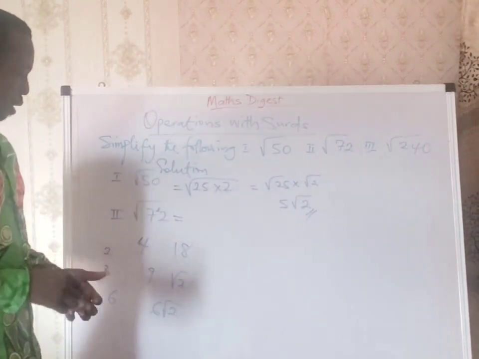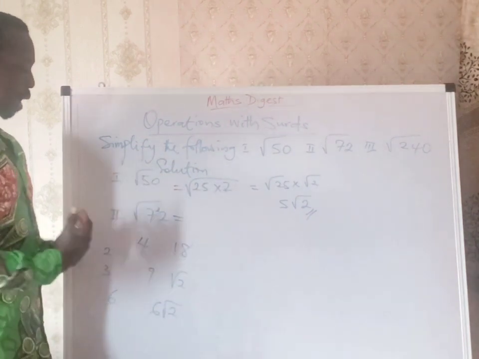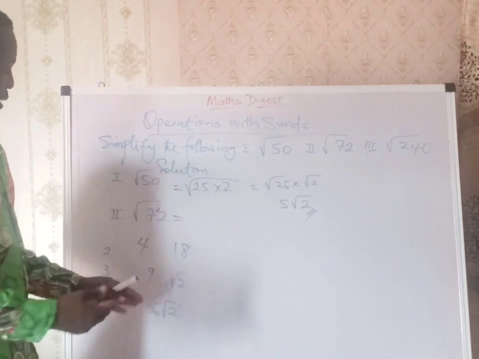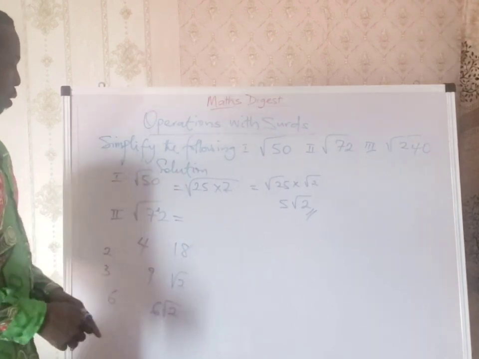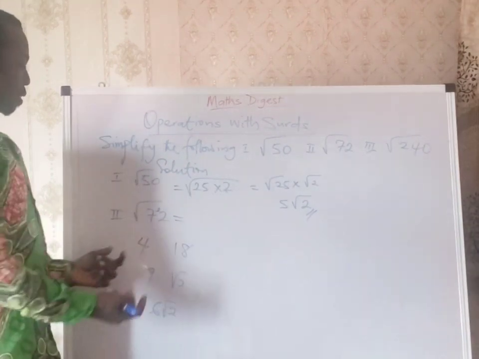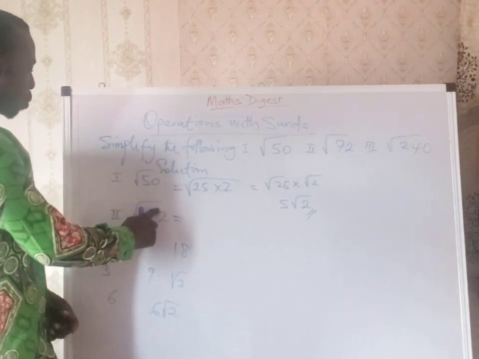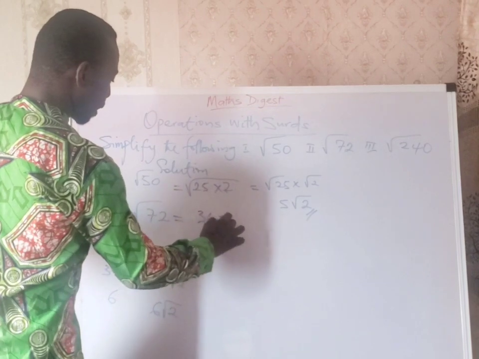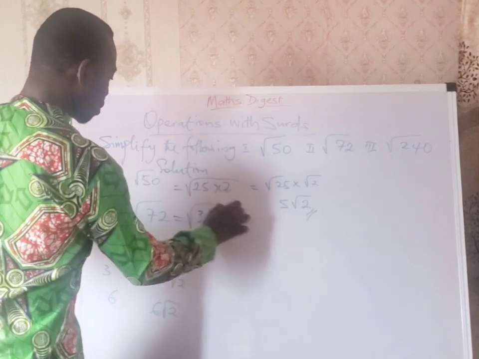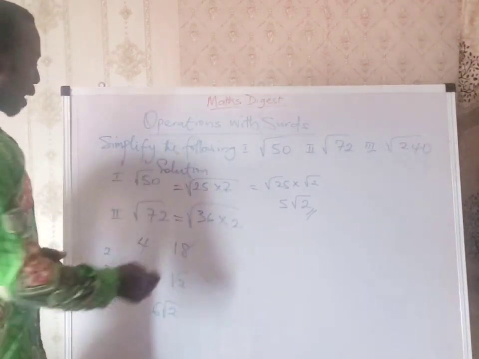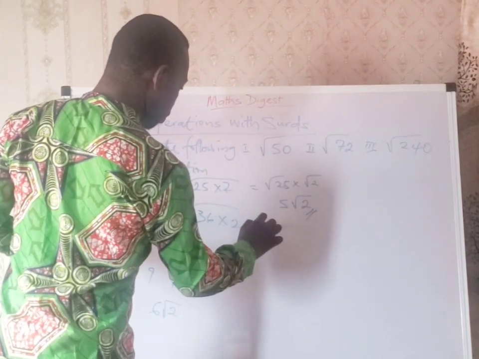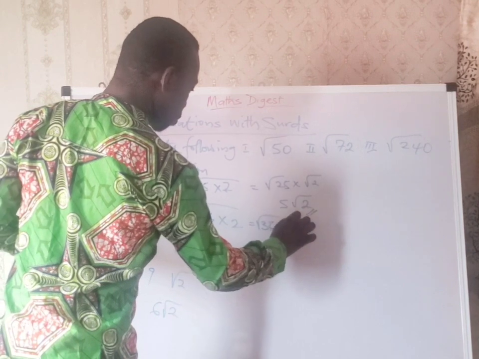Now, since I think I know these numbers that can easily break into this, quickly I will say, okay, 36 divide this can give us what? 2. Now I can say 36 times 2 is equal to what? 72. And for this we now have root 36 times root 2.